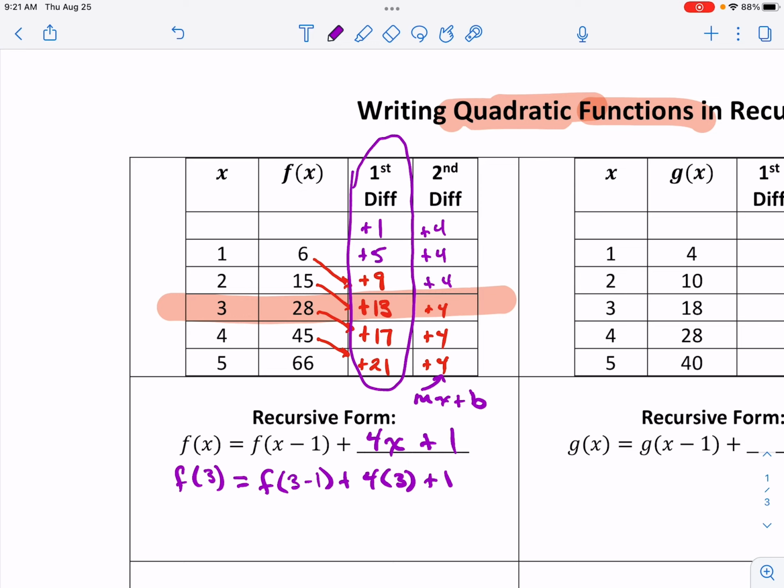F of 3 we can see is 28. F of 3 minus 1 will actually be f of 2, which we can see is 15. 4 times 3 is 12. So we have 27 plus 1 more makes 28. So we can verify that we have the right formula by just checking a point.